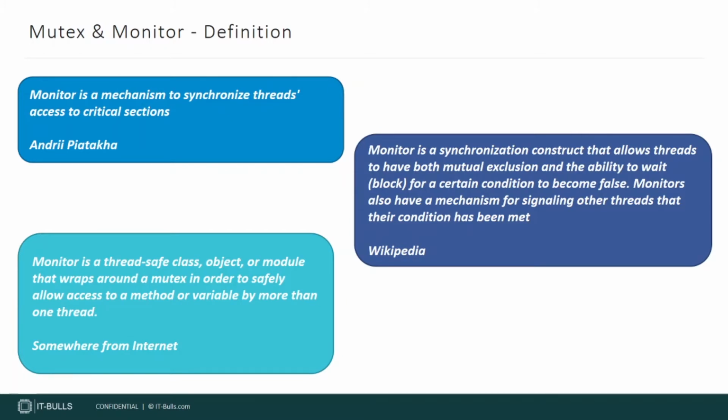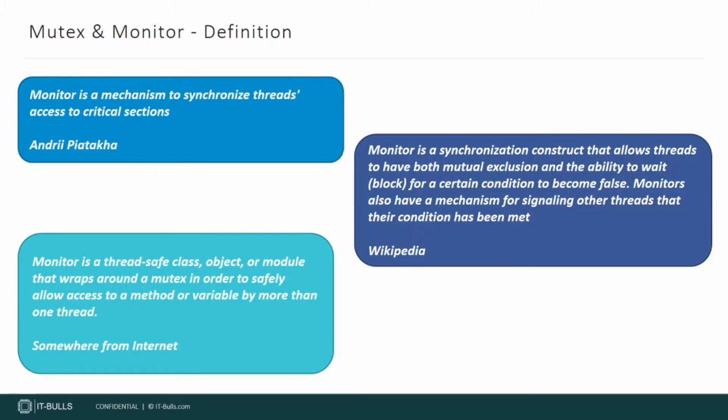Somewhere you may read another definition saying that a monitor is a thread-safe class, object or module. That also partially makes sense. We can use an object as a flag and as a monitor to indicate which thread captured the monitor of the object and which thread released the monitor of the object. So in Java, a monitor is implicitly associated with an object.